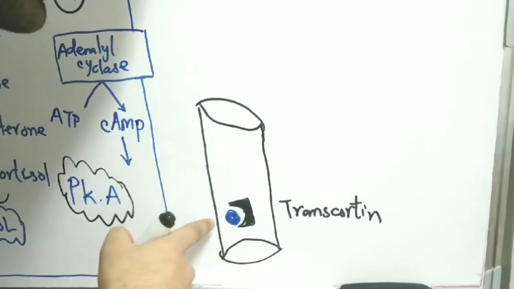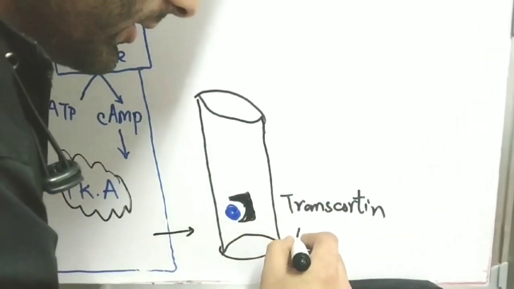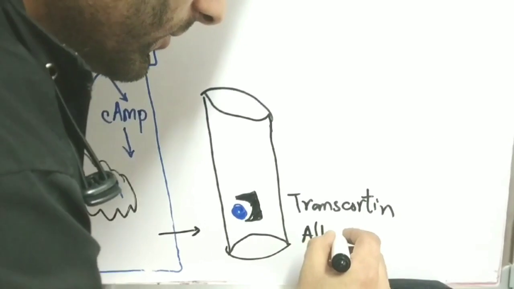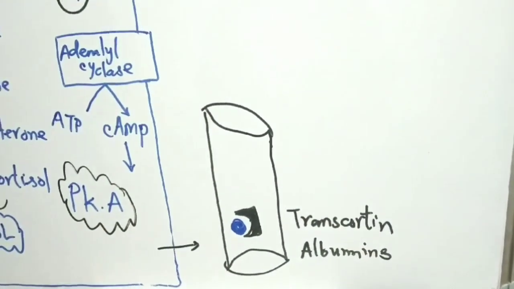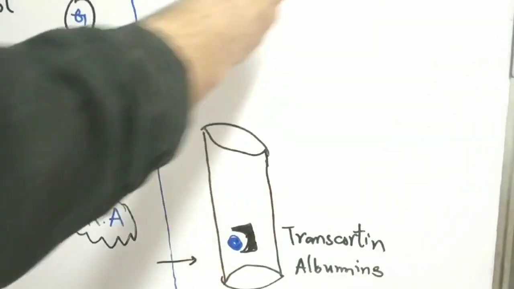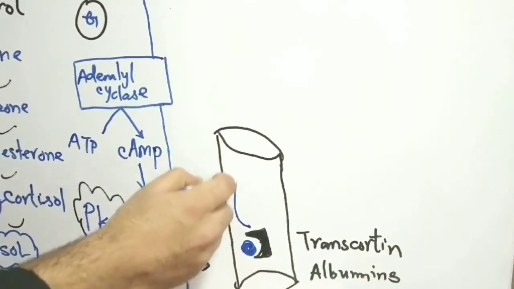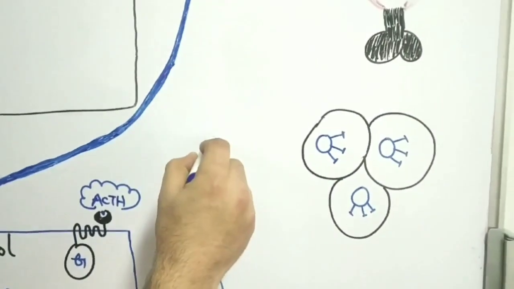Albumins also can transport the cortisol.